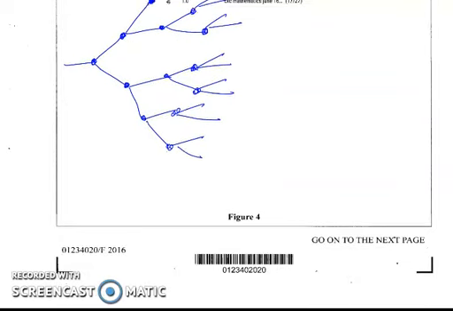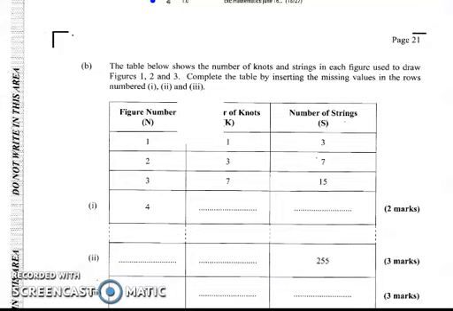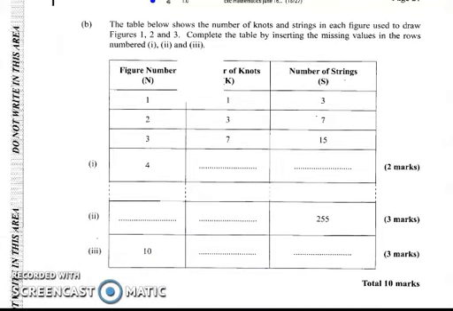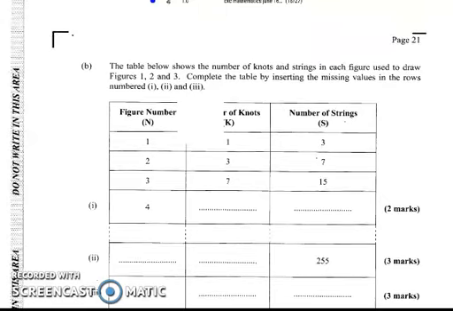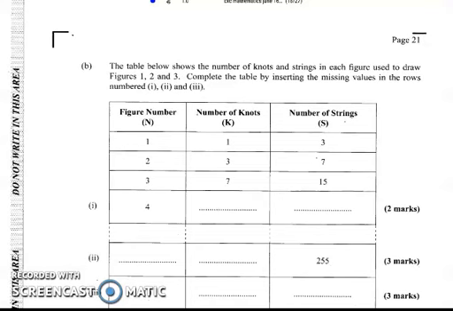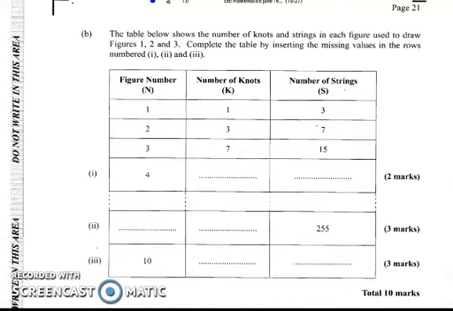All right, let's look at the next part of the question. We're told that the figure below shows the number of knots and strings in each figure used to draw figures 1, 2, and 3.